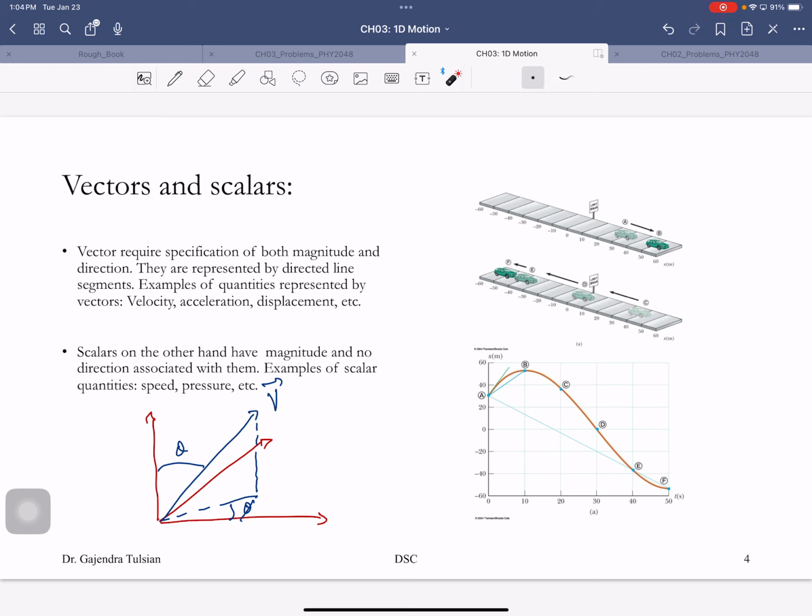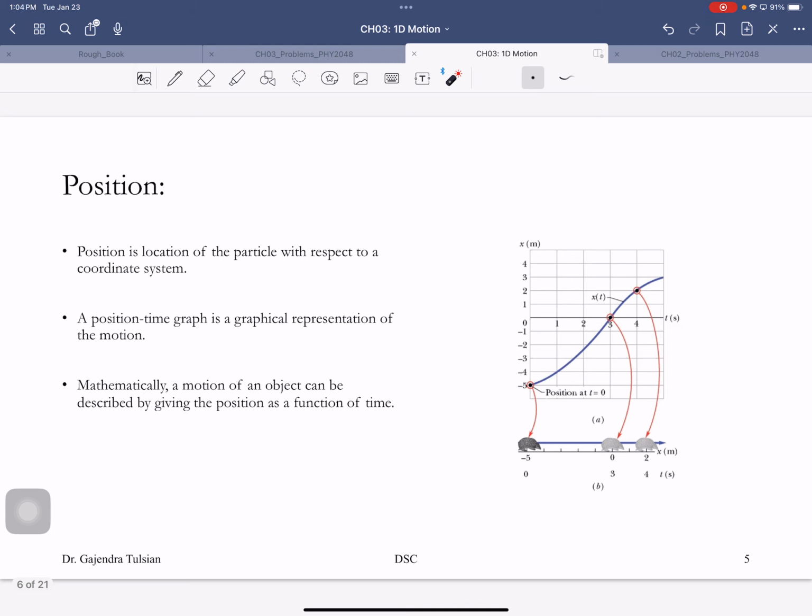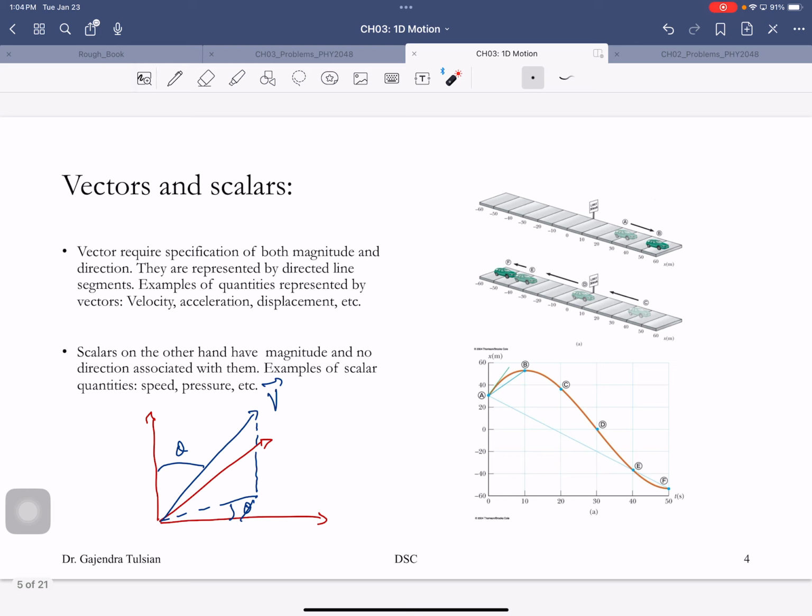There are physical quantities that are represented by vectors, and other quantities that are scalars. So in 3D, to specify a vector, you need 3 numbers: 1 number for magnitude, and 2 numbers for direction.